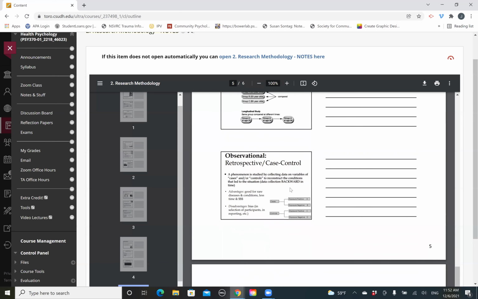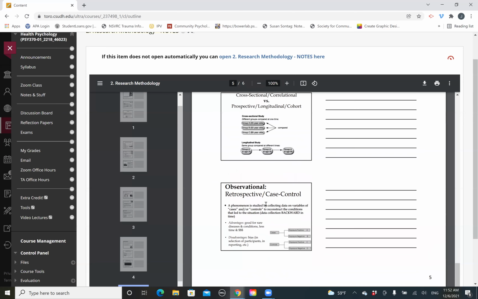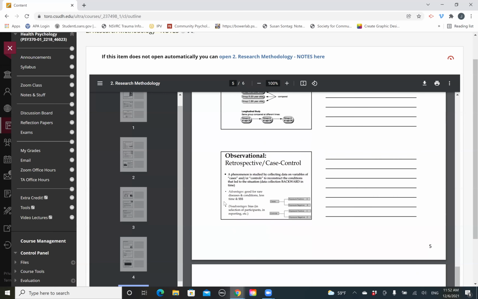Data collection goes backward in time. So good for rare diseases and conditions, less time and money. If you had a rare disease, you might start with the disease itself and work backwards. Where did the person go, as opposed to looking at the larger population and trying to narrow down to that one person.